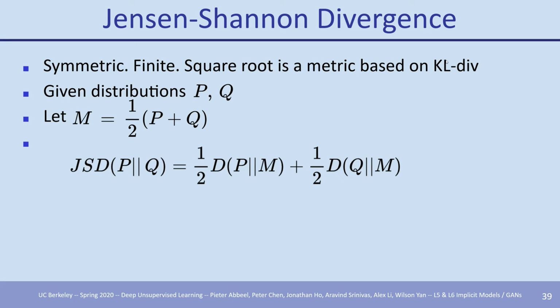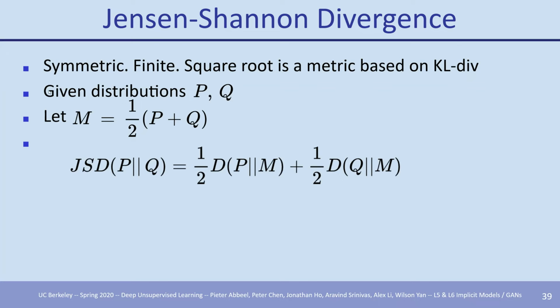I think with KL divergence, it's not symmetric and it's not finite, right? So it's a way to fix KL divergence if you want to use it as a metric. And the metric has to have all these properties, so it has to be symmetric, and it has to obey all these different rules.